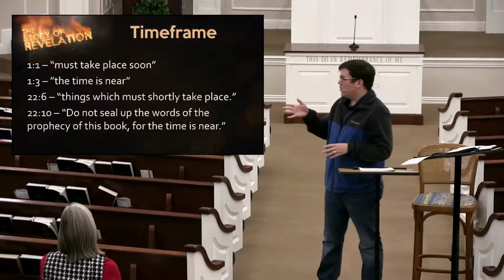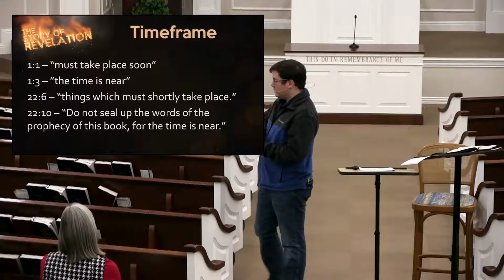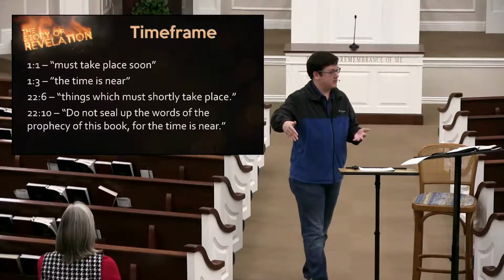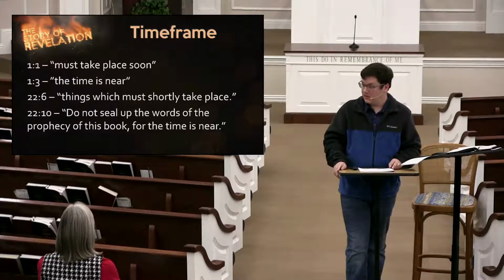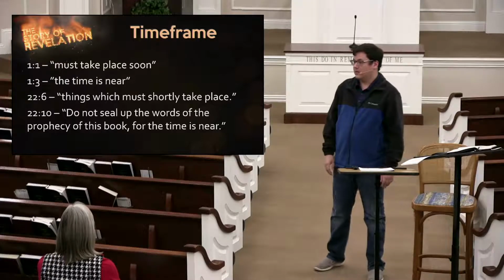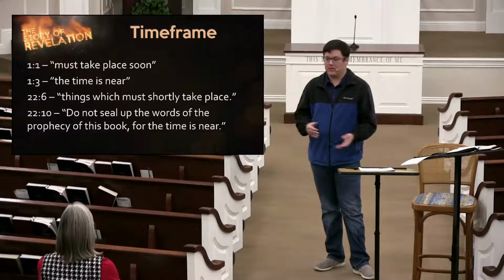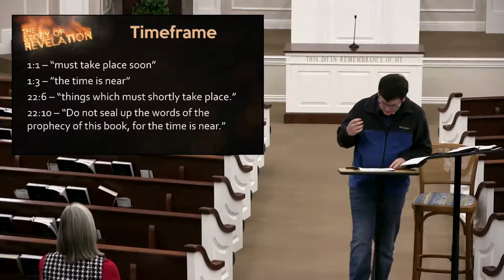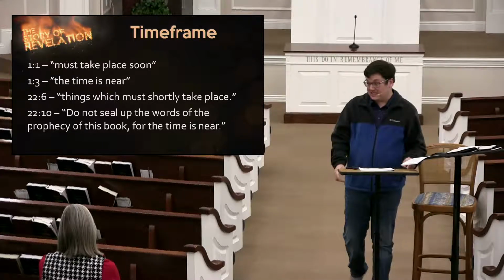Does anyone know how long it was from when Daniel received his vision to when that vision was fulfilled? No, it was longer than 12 years. From the full fulfillment of this prophecy, Daniel received this prophecy in about 570 BC.